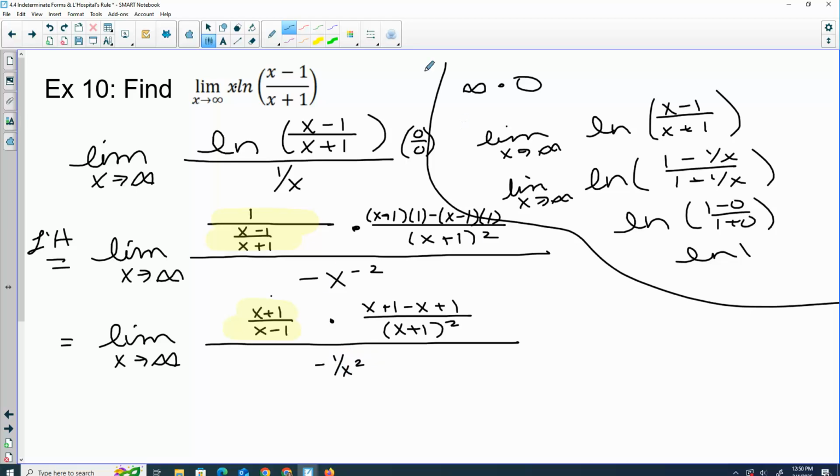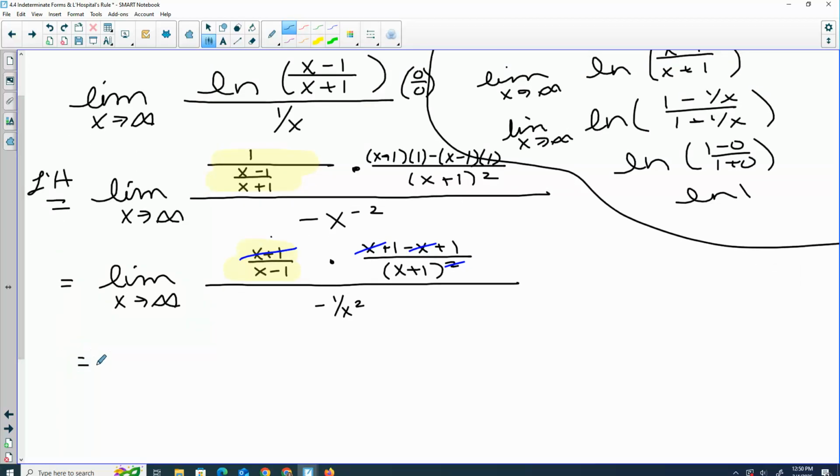Some simplifying: these x's cancel, and you can cancel one of these x plus 1's.